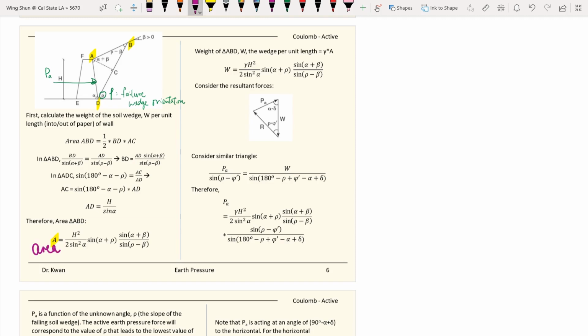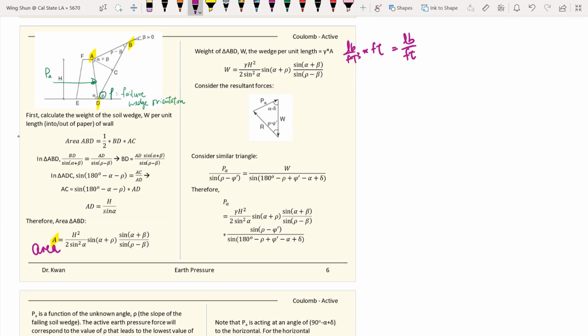So the area equals that expression, and the weight of triangle ABD will be equal to the unit weight times the area. Again, this is a plane strain problem, so everything can be expressed as force per unit distance. When you have the unit weight in pounds per cubic foot times the area, then we have pounds per foot. We assume unit distance into and out of the page.